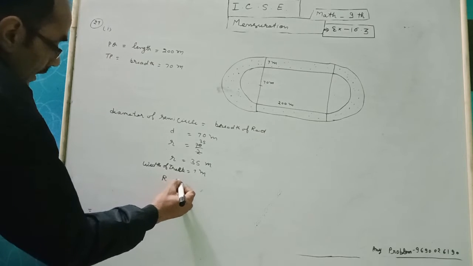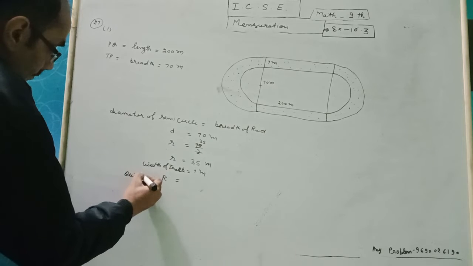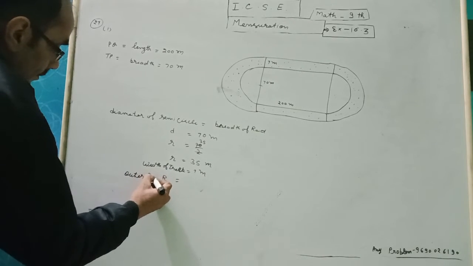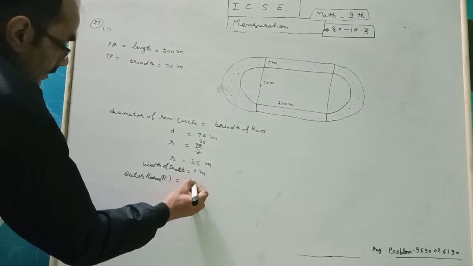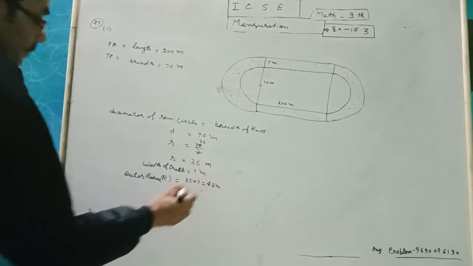So capital R is equal to the outer radius, 35 plus 7, which is 42 meter.